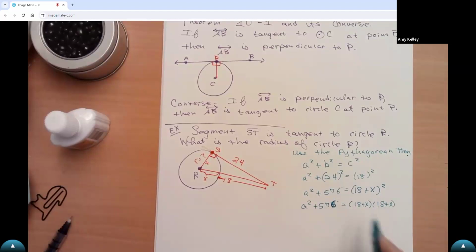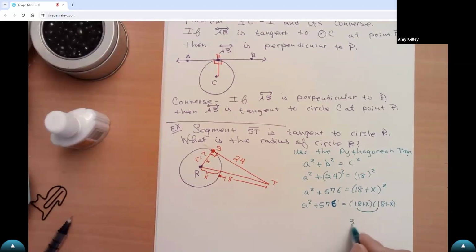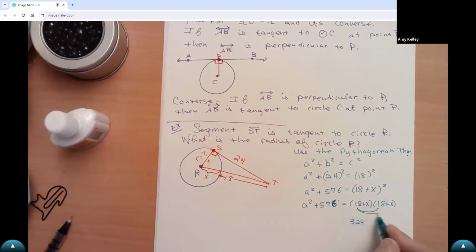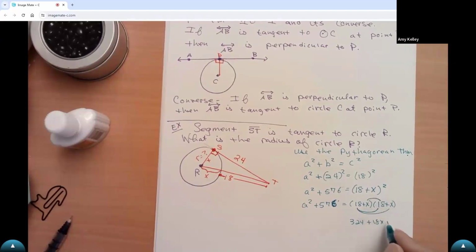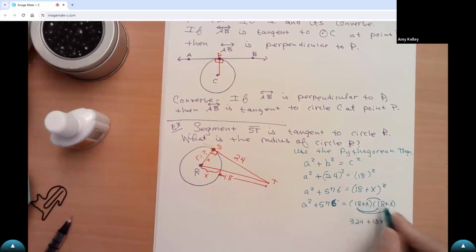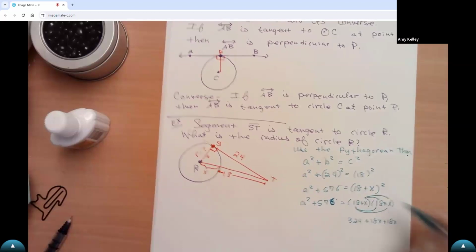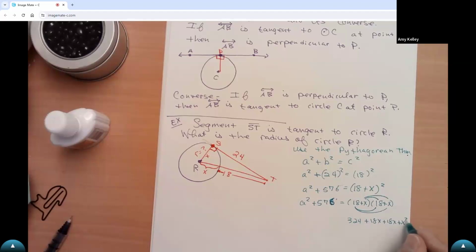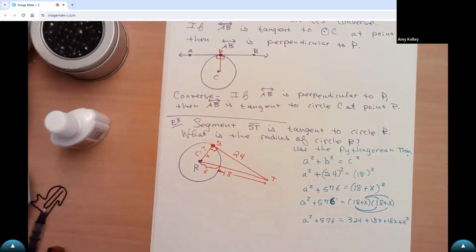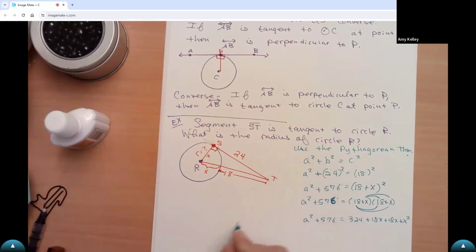All right, and then on the right side, we have to FOIL it out. So I'm going to multiply 18 by 18, that's 324. 18 times x, that's plus 18x. And then right here, plus 18x again, multiplying the inner terms. In our last terms, we get plus x squared. Set that all equal to a squared plus 576. What I'm going to do is make a substitution.